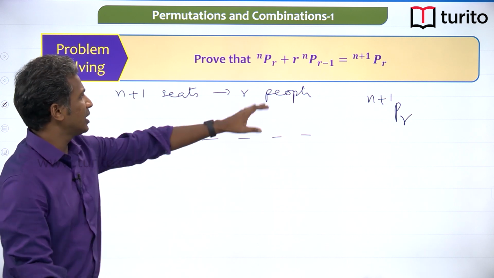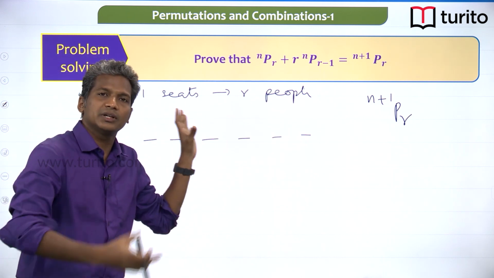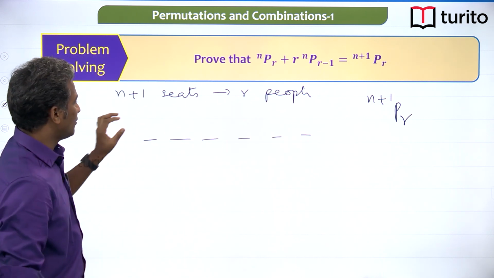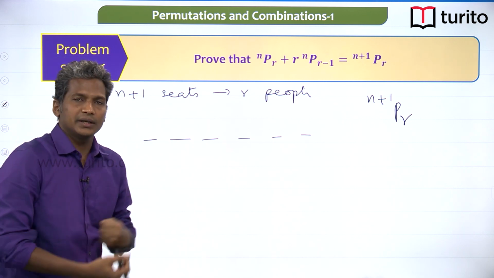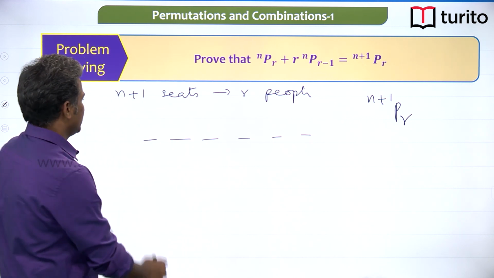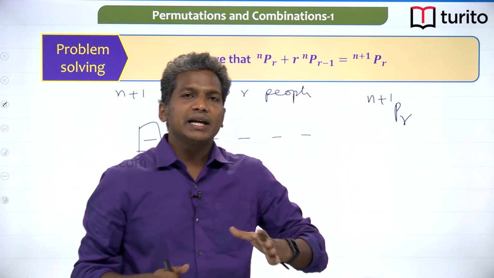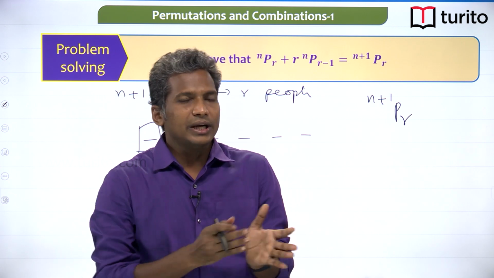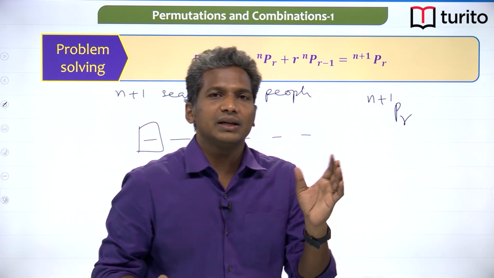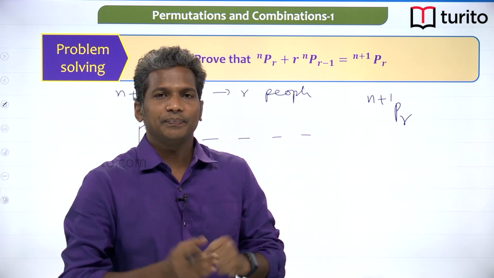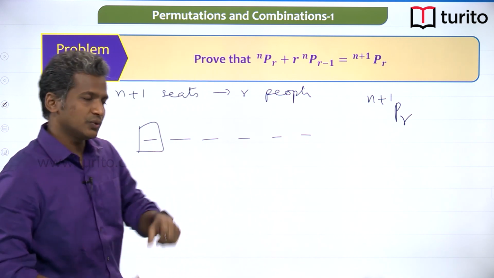This we have understood as part of our earlier understanding. Now, let me explain it using a different idea. Let me take the first seat. When I am looking at the first seat, it can be either empty or it can be filled. Let us take these two cases.